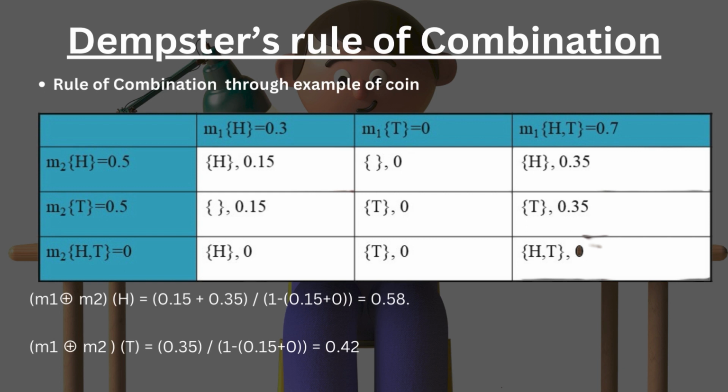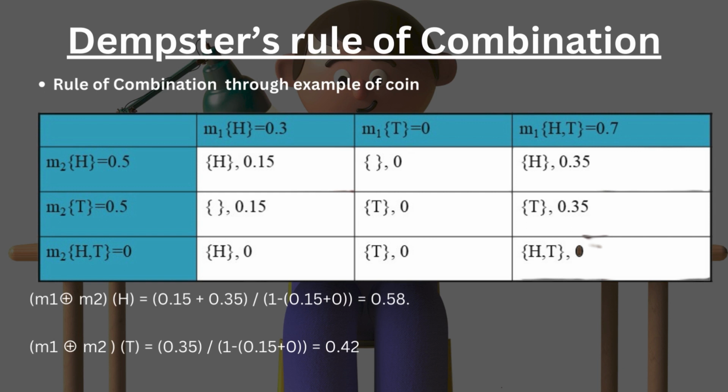The cells of this table represent the combination of two different sources. For example, the first cell, head, is equal to 0.15. It means that we have combined the two sources, M1 and M2, for head, 0.5 and 0.3, that is the product of 0.5 and 0.3, which is equal to 0.15.